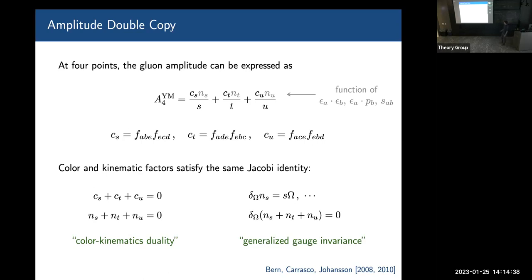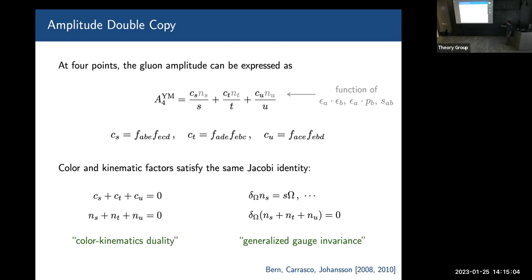One nice thing about this duality is that it's also invariant under any kind of gauge choice or field basis that you use to express the amplitude. I told you that there's a freedom in how you distribute the contact diagram into different channels. Another way of saying it is that the amplitude is invariant under certain gauge transformations that shift these n's around.